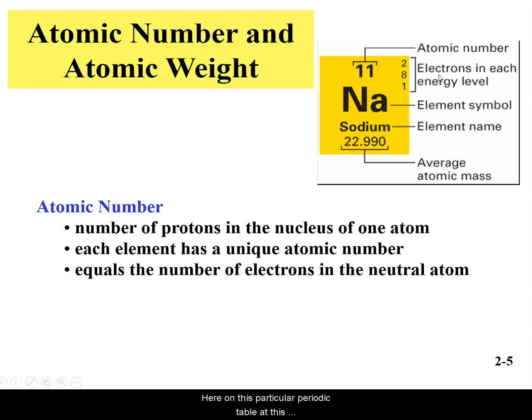Here on this particular periodic table and this particular element, it gives you the electrons in each energy shell. So remember, the first energy shell is full when it has 2 electrons. But we have to have 11, so the next shell will be full after 8 electrons, and then a third energy level, or the valence shell with its valence electron, would be 1. So 2 plus 8, 1 more.